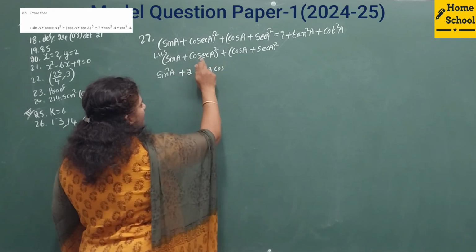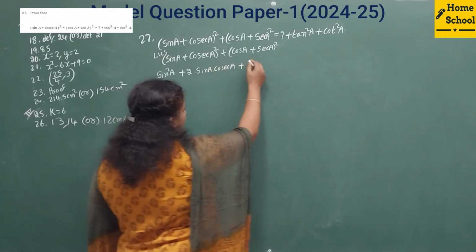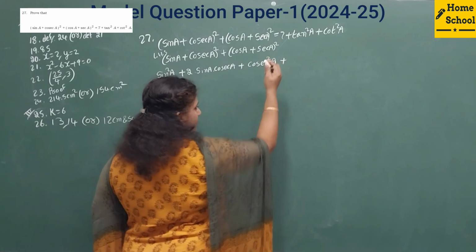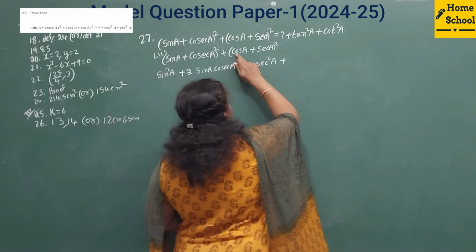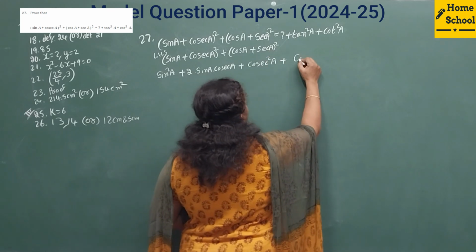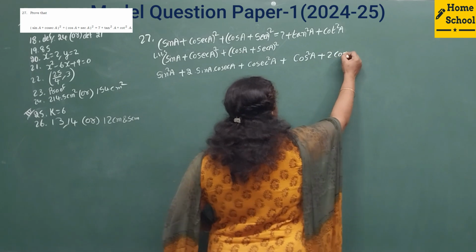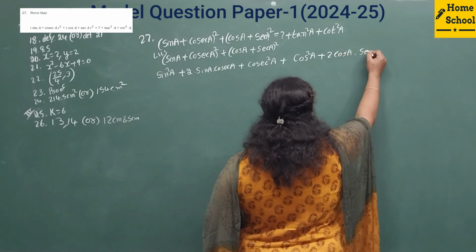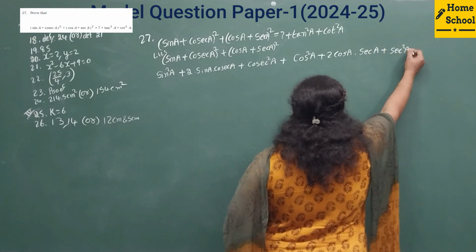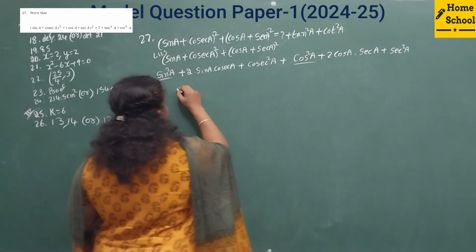A means sin A, B means cosec A, plus B square, cosecant square A. Plus (A plus B) whole square, here A value is cos A, B value is secant A: cos square A plus 2 cos A into secant A plus secant square A. Now sin square A plus cos square A is 1.